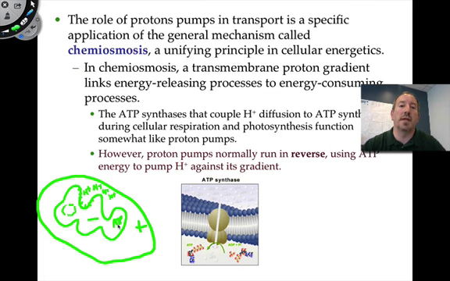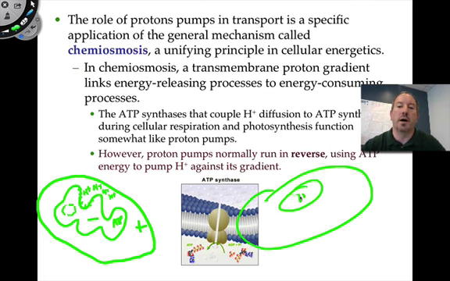The same thing is happening in the chloroplast. For example, this is positive on the inside of the thylakoid and negative in the stroma, created by the electrochemical gradient. And this is how the plant is able to make ATP, which is used to produce sugar in the Calvin cycle.